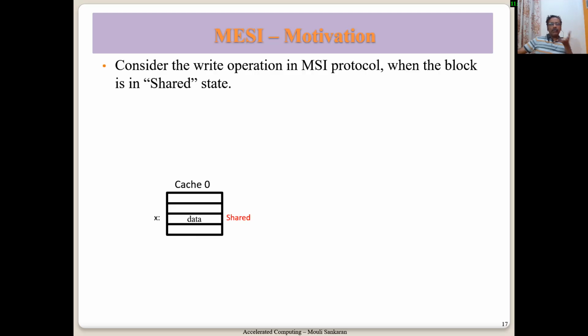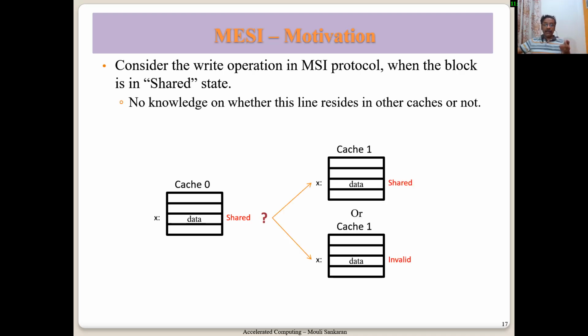So now, what is the motivation? Consider the write operation now in the MSI protocol. Suppose you are in the MSI protocol, you don't have an exclusive state there, and the block is in shared state. You don't know whether you are the only one owning it or multiple cores are owning it. So when you are writing it, you want to change it to modified state.